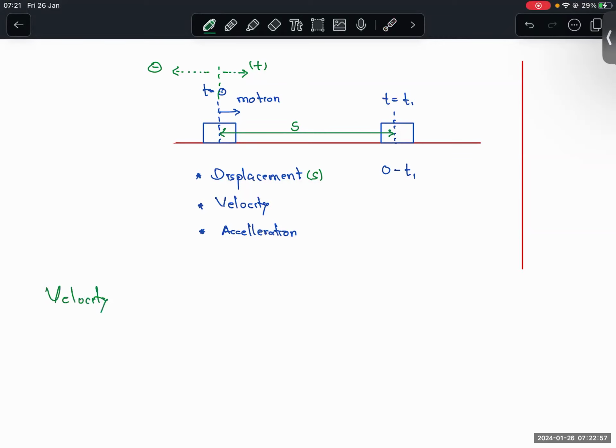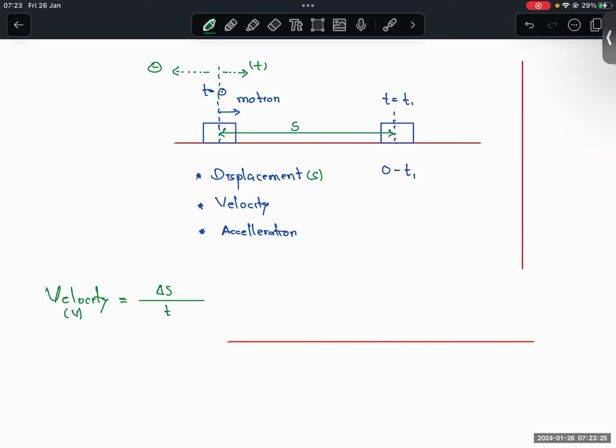Rate of change of displacement, right? Yes, the rate of change of displacement is velocity. So velocity has direction. Velocity, you describe it like this.